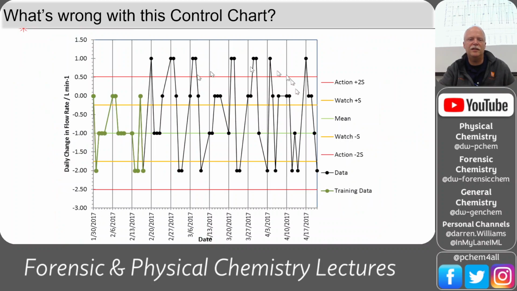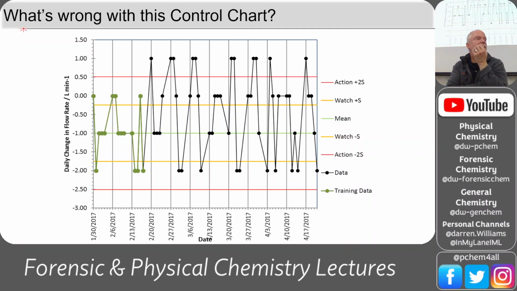Okay, we talked about this. Can you remember what we called this data? What's wrong with this control chart? This says flow rate, but I think this was gasoline data. I just changed the axis. So I'm going to let you stew on this one. What is it? What's wrong with this control chart? It's going a whole lot above the action limit, and that's a clue.